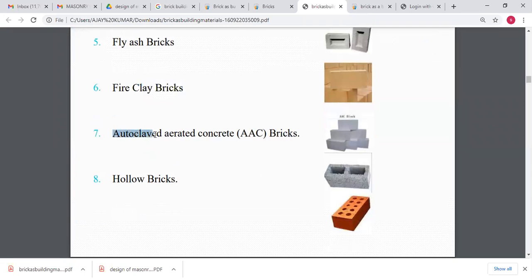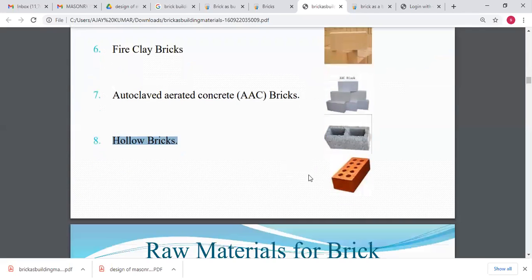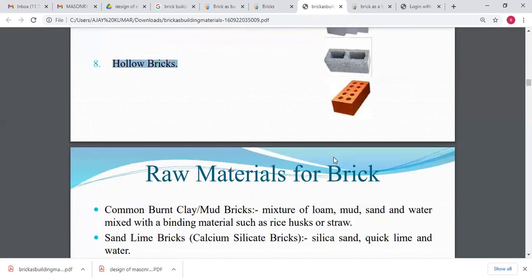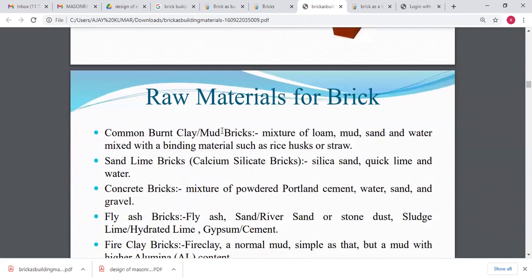And this one is the most advanced technology in bricks, that is autoclaved aerated concrete bricks. In this type, the concrete blocks have been autoclaved, which is aerated. And the next one is hollow bricks. As the name indicates, hollow, the bricks have been made with holes. These are called hollow bricks.